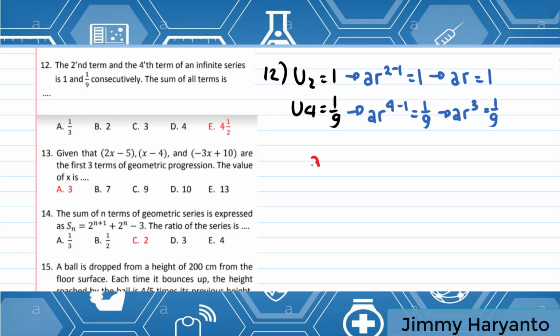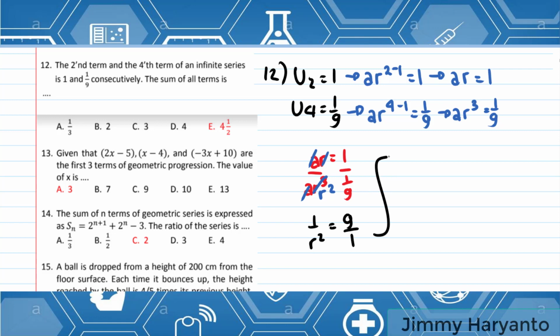For geometric, we will use ratio. So ar cubed equals 1/9. You can cross out the a, and then you can cross out the r. We get r squared at the bottom. And then 1 divided by 1/9 equals 9/1.